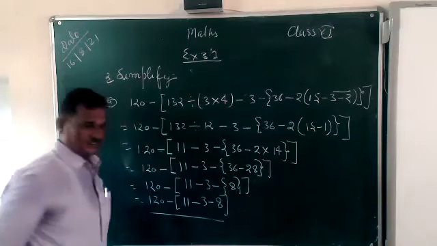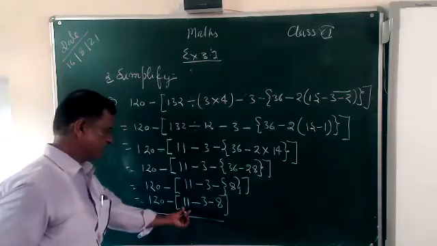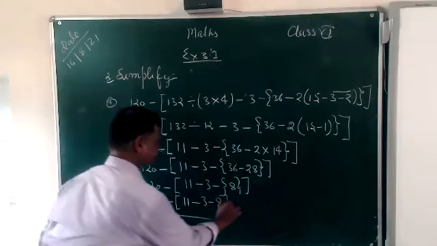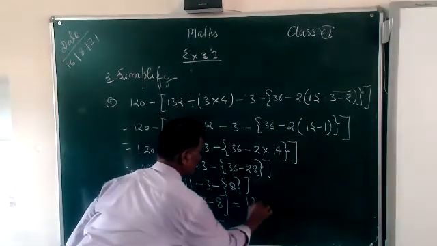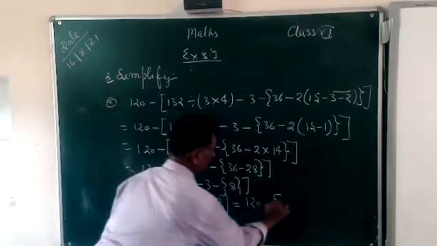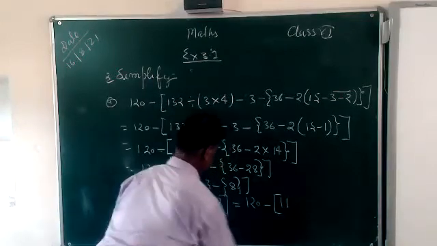See, guys, what is given? 11 minus 3 minus 8. That is 120 minus, in square bracket, 11.